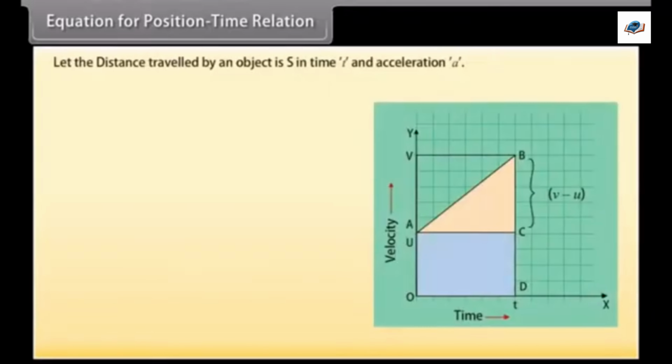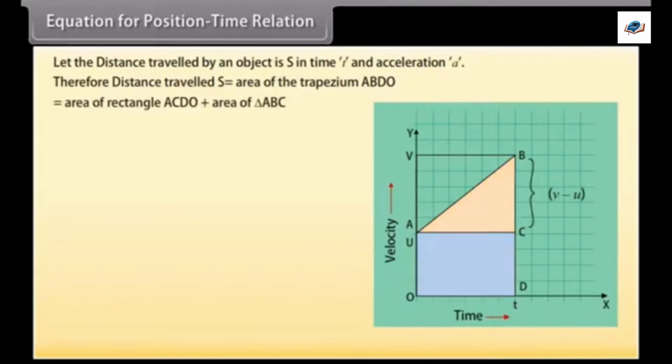Equation for position-time relation. Let the distance traveled by an object be s in time t with acceleration a. We can see that the distance traveled by the object is obtained by the area enclosed within the graph. Therefore, distance traveled s is equal to the area of trapezium ABDO, which equals the area of rectangle ACDO plus the area of triangle ABC, which is equal to OD into OA plus 1 upon 2 BC into AC.